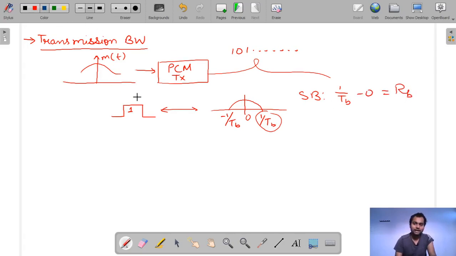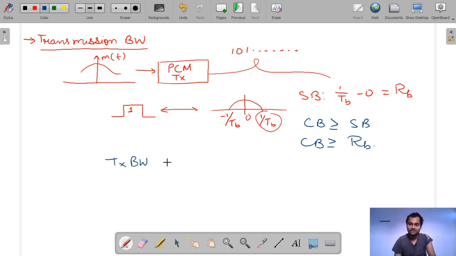So we know that channel bandwidth should always be equal to the signal bandwidth. Signal bandwidth here is RB, so channel bandwidth should always be equal to RB. So the transmission bandwidth, that is the channel bandwidth required, is equal to RB, and this is for the rectangular pulse. Keep in mind, because for different kinds of pulse the bandwidth is different, and we will study all about that in this lecture.